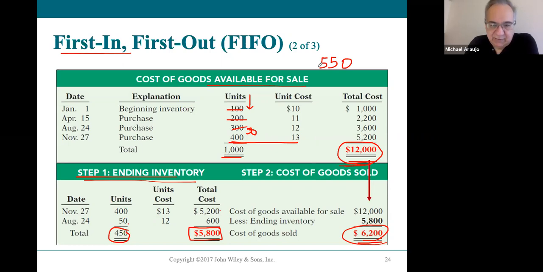So we've accounted for 300 of the 550. The other 250 come from here. So basically, the August purchase is divided in two: 250 that are part of the ones that have been sold, and the other 50 are still in the store. And if you add that up, you will also get $6,200 for the total cost.